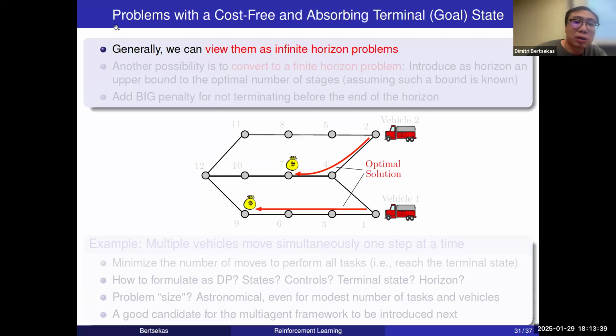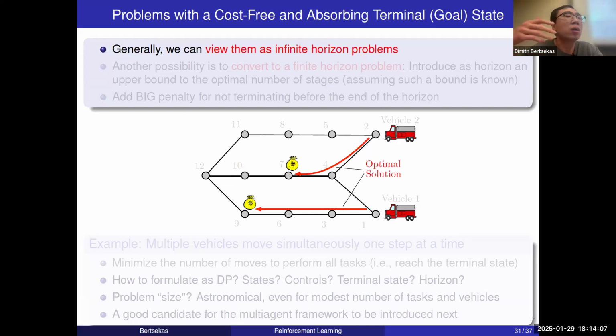Another type of problem are the ones with a cost-free and absorbing terminal state or goal state. And typically we can view them as infinite horizon problems. The reason is we don't know beforehand how many stages are going to be involved in this decision-making process.